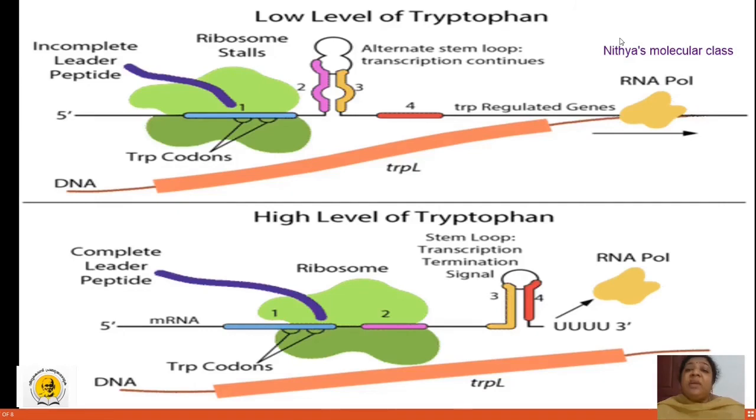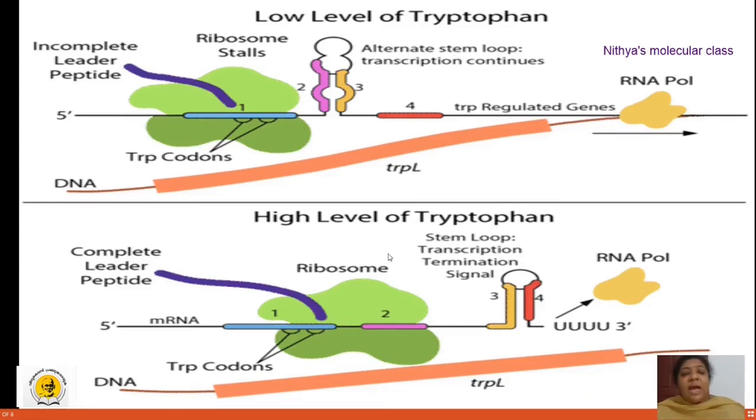The RNA polymerase will easily move and bind with the structural genes, and transcription will proceed. This mechanism occurs only at a low level of tryptophan.